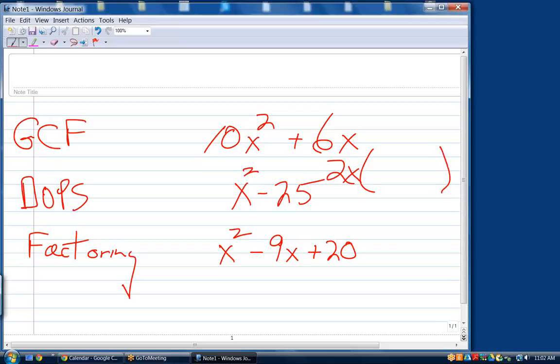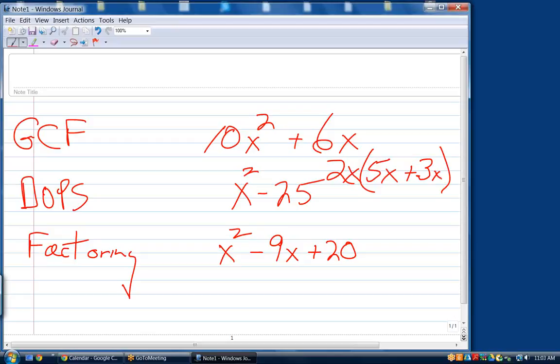What am I left with after I do that? 5x plus 3x. Remember, always multiply the terms back together again to see if you get what you started with.